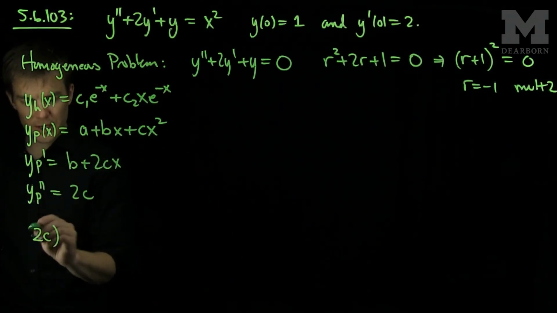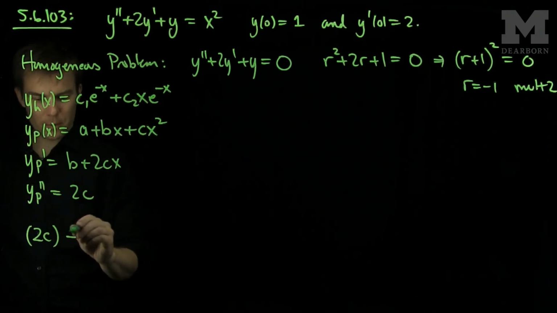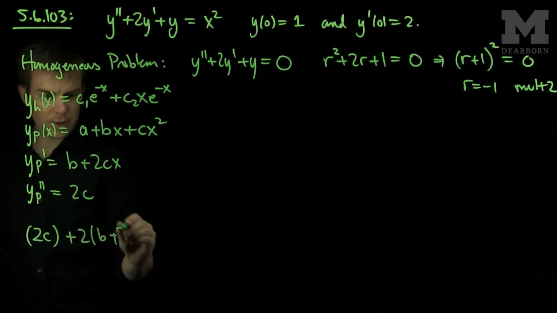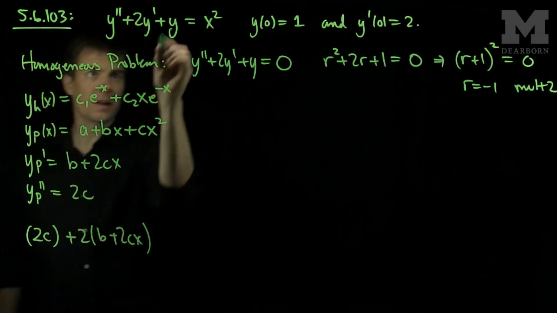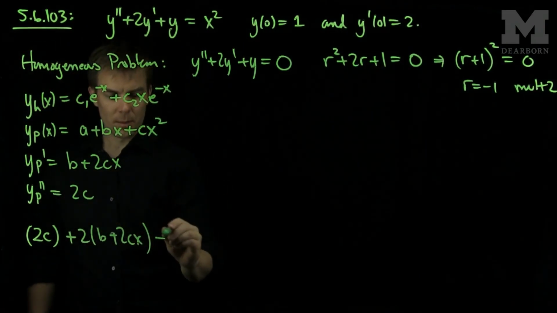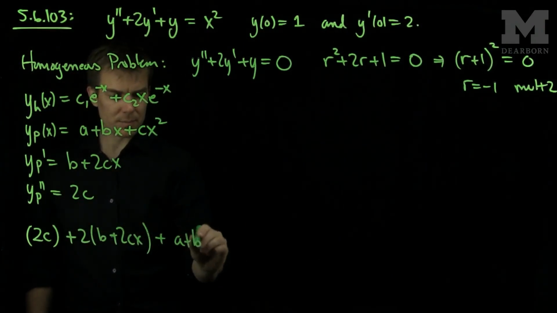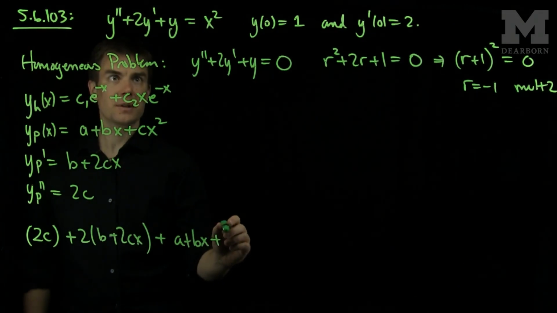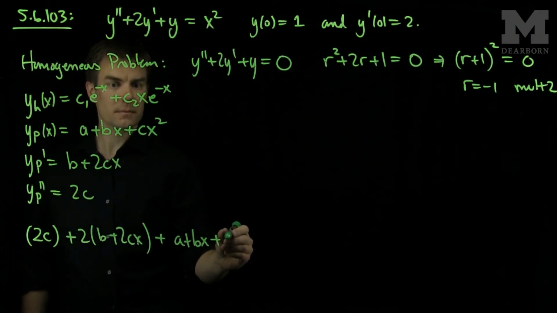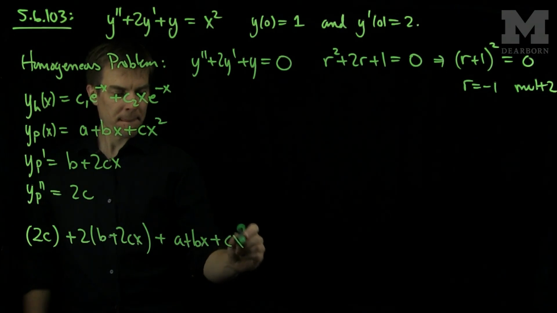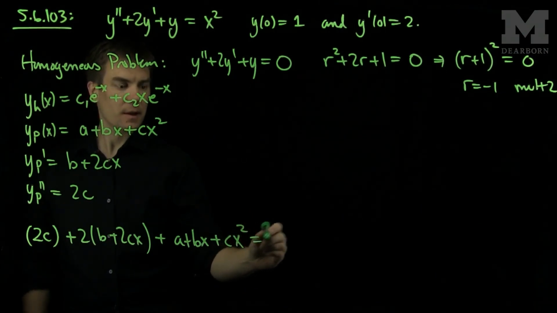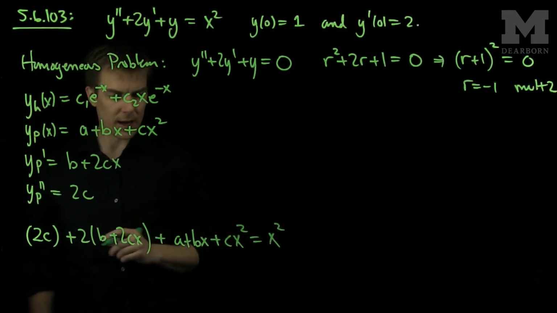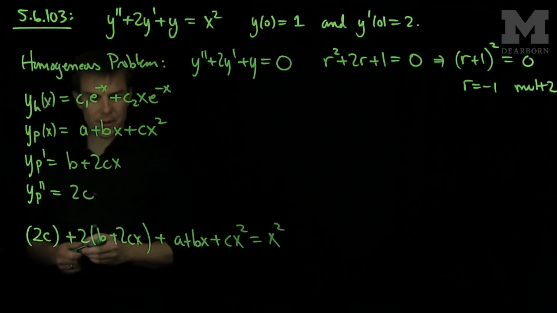So I have 2c, that's my y double prime, plus 2 times (b plus 2cx), that's my 2 times y prime, plus my a plus bx plus c x squared, which has to be equal to x squared. So let's gather the like terms.